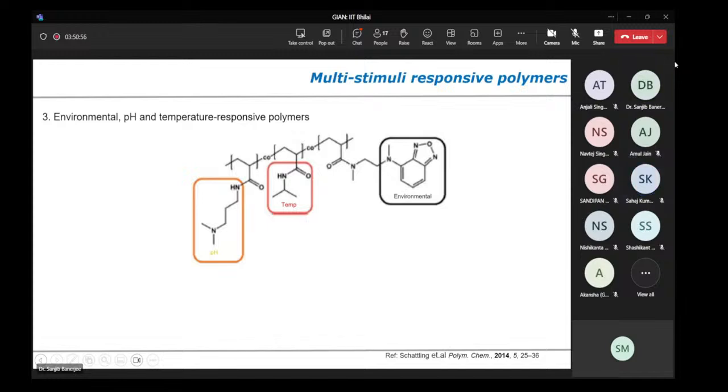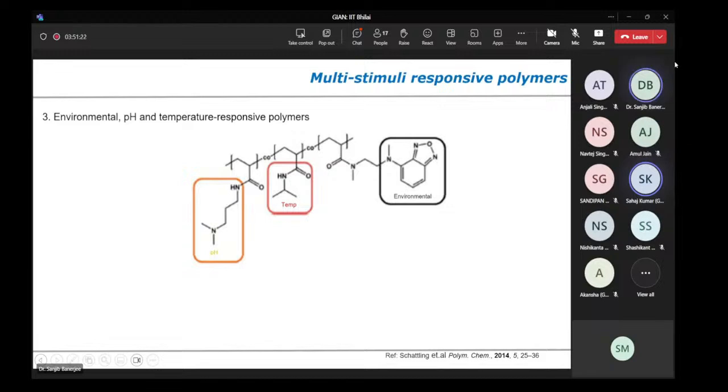So after that, did you get a chance to look at it? Can you explain why this molecule is pH responsive? I think due to the presence of nitrogen, it works as a base, and there are two groups of nitrogen. That means it is of basic character. So I think that's why it is pH responsive.